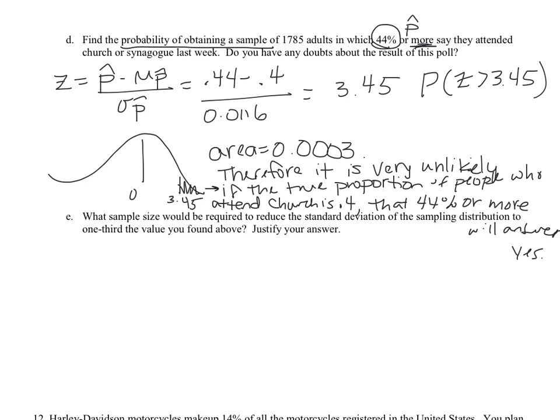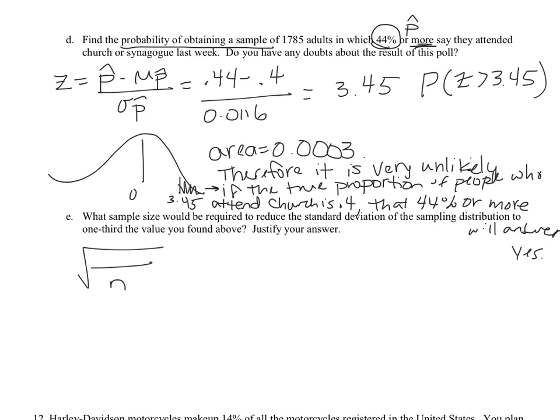So, what sample size would be required to reduce the standard deviation of the sampling distribution to 1/3 the value you found above? Alright, since the standard deviation is found by dividing by the square root of n, if we're thinking of 1/3 that value, we need to get 3 from this.